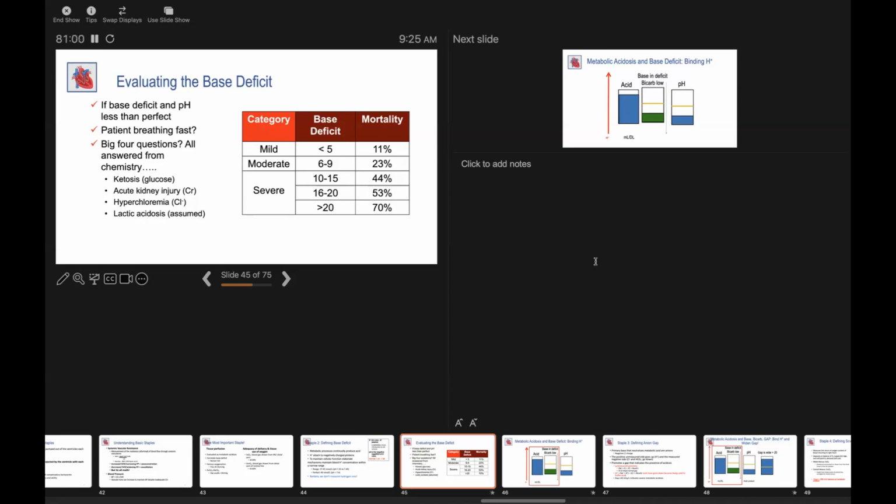When hydrogen marries chloride, it doesn't make H2CO3, it makes HCl. Think about it as hydrochloric acid. It's not hydrochloric acid, it's hydrogen chloride, but it's like hydrochloric acid, a strong acid. Can that dissociate in the lung and be blown off? Yes or no? That's it. When chloride is elevated, bicarb will be down.